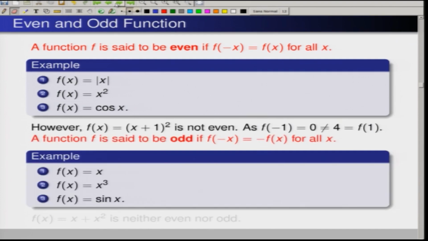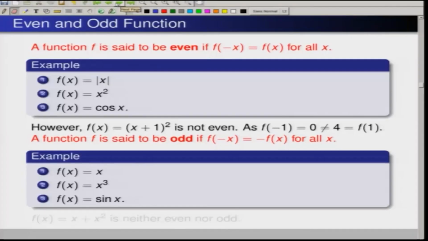Similarly, we can define a function to be odd if f of minus x is equal to minus f of x for all x. For example, f of x equal to x, f of x equal to x cube, and f of x equal to sin x.